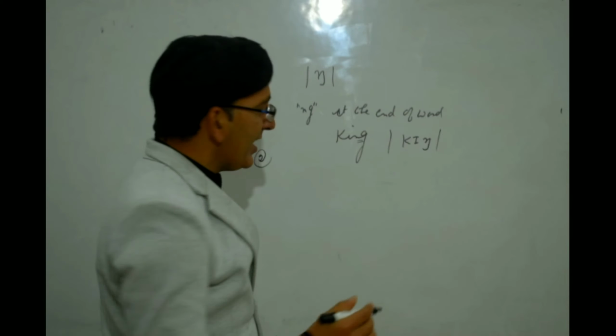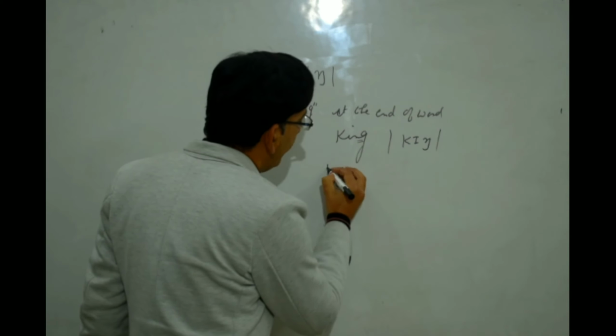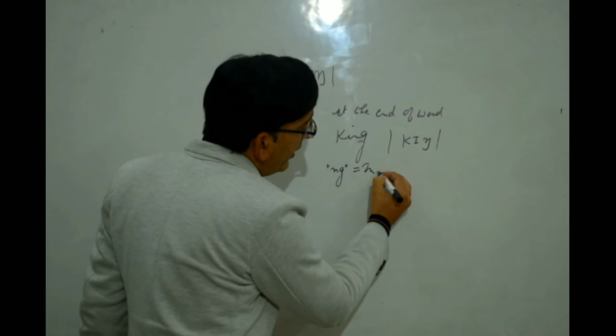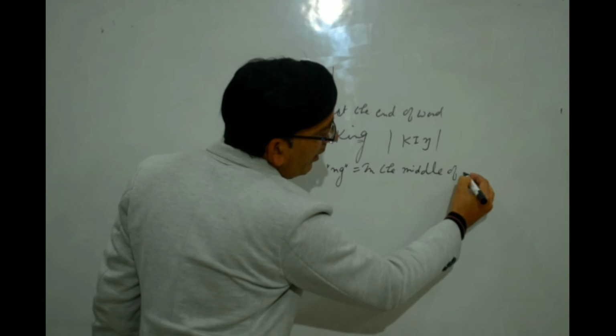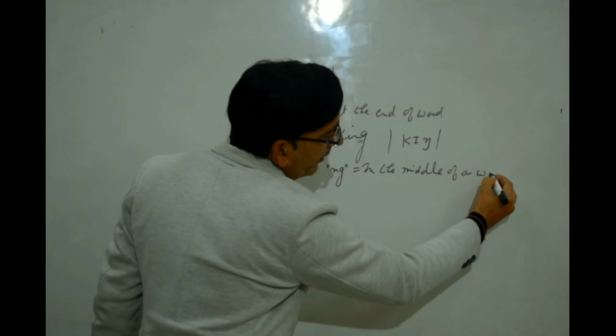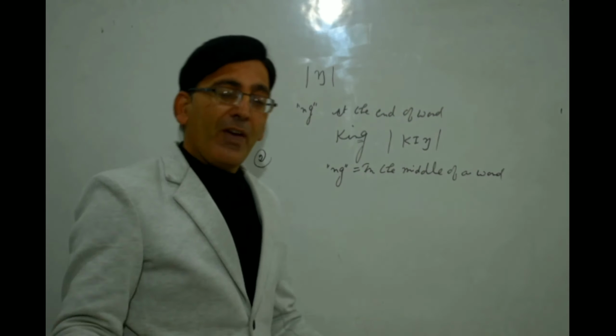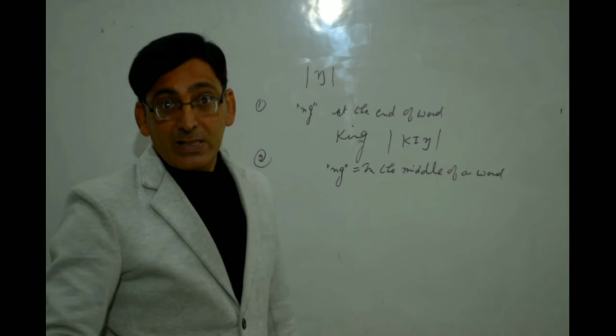The second rule is that NG is in the middle of a word. Now, at the end of any word, NG is always pronounced as this one.